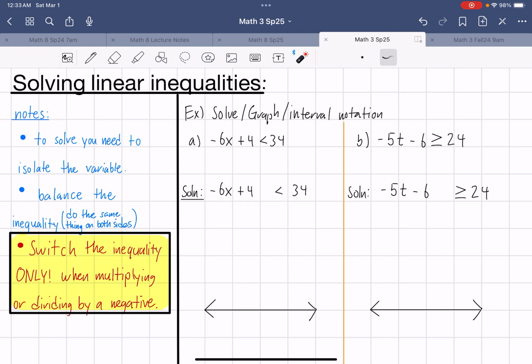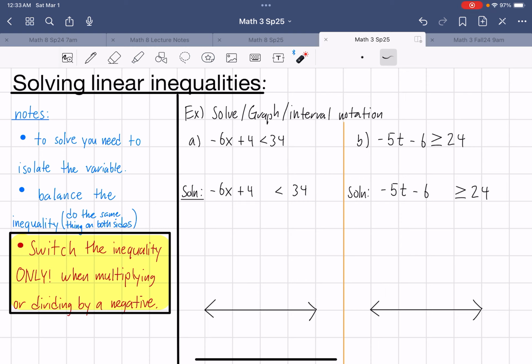And remember, the way you moved the terms and factors from left to right in an equation, whenever you learned this, you always had to balance the equation. And most people remember, do the same thing on both sides. What you do to one side, you have to do to another. That's how most people remember some of these rules.